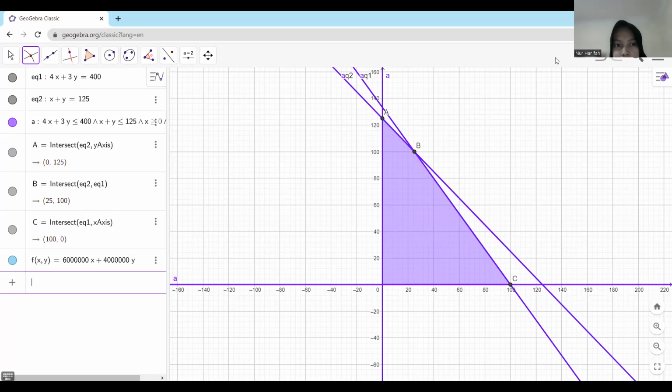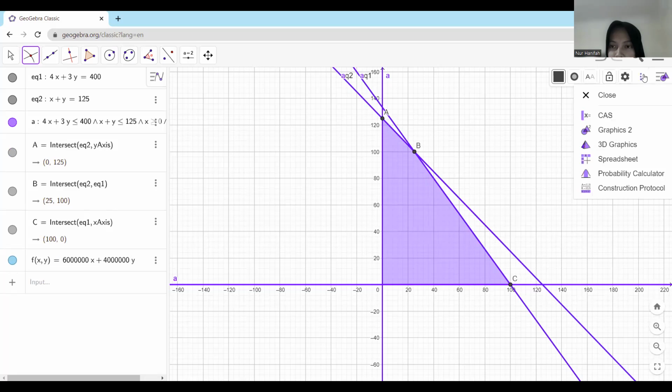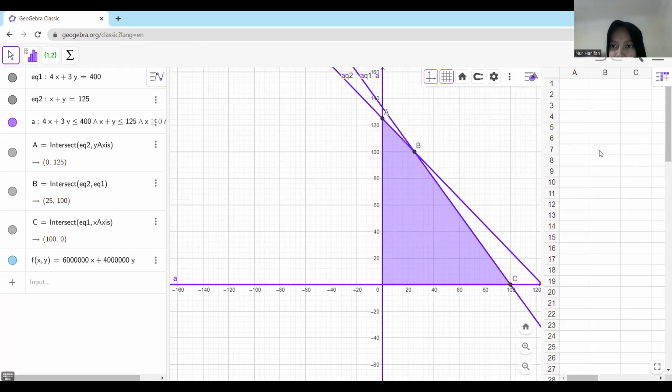And then using the spreadsheet here, we can determine the maximum and minimum point in this column.